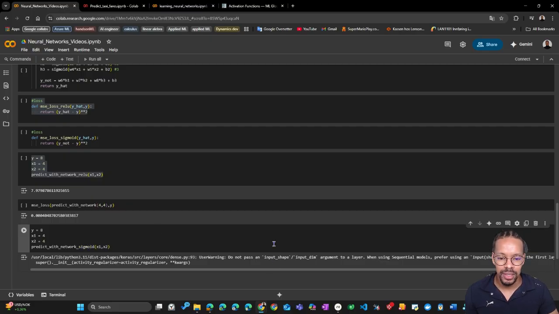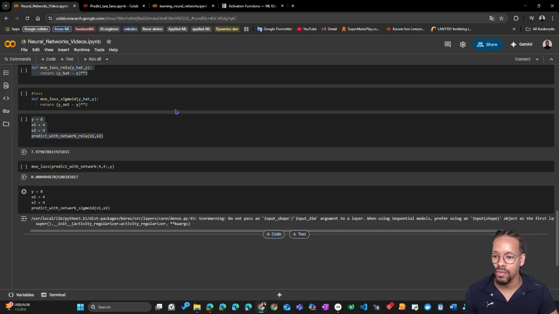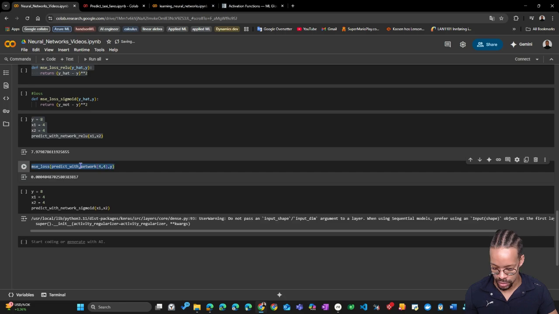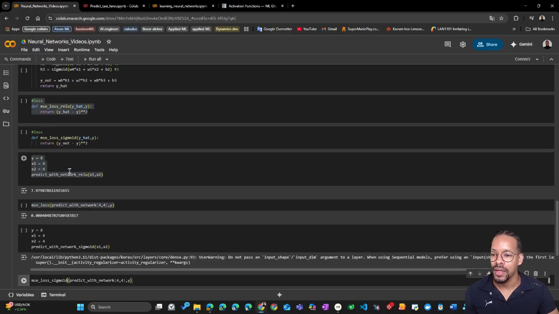And let's add one more for the loss. I see I have an error there, but see the loss with sigmoid. And this one is actually changed to ReLU.